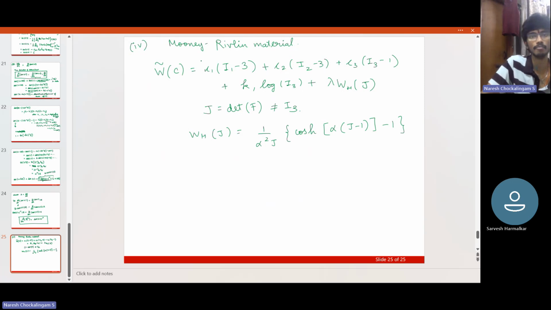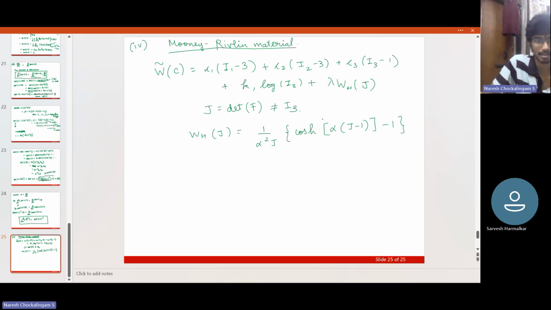So this is the problem. A Mooney-Rivlin material has this potential, which is C1 times (I1 minus 3) plus C2 times (I2 minus 3) plus C3 times (I3 minus 1) plus K1 log I3, where I1, I2, I3 are the invariants of the right Cauchy-Green tensor C. It has an additional term lambda WH of J, but J is not I3, J is the determinant of F. And the function WH of J is given as 1 by alpha squared J cosh of alpha into (J minus 1).